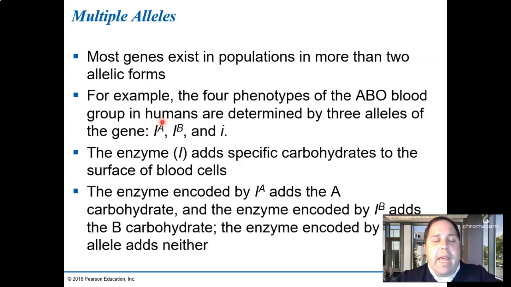So you can have an A isotype, you can have a B isotype, or you can have a recessive isotype that is neither A nor B. This notation is kind of interesting. The I is showing you that the isotype is dominant, and the A and B show you that it's type A and type B. So A and B are both dominant over i, but A and B are not dominant over each other. They are actually codominant to each other.